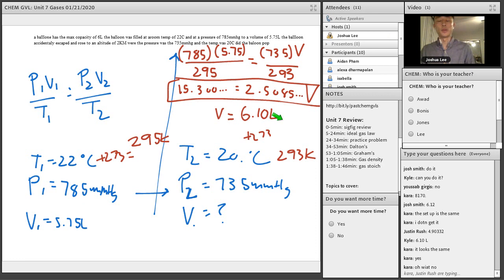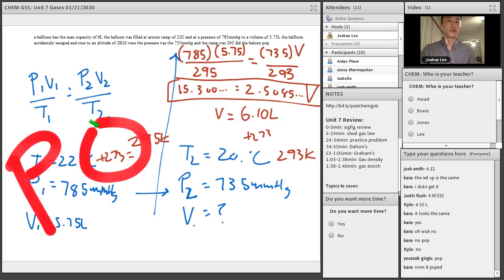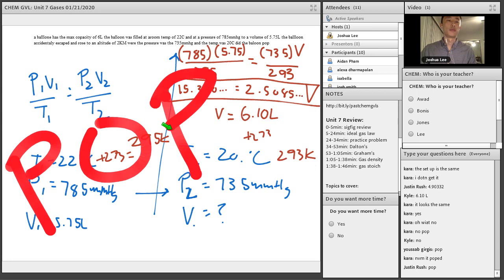Did the balloon pop or not pop? The balloon popped. Did you get it? All right, cool. Decimal is important.